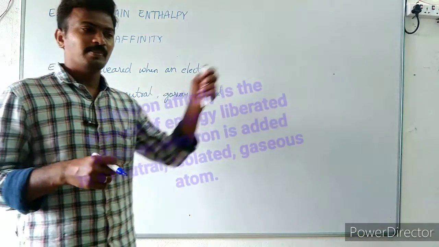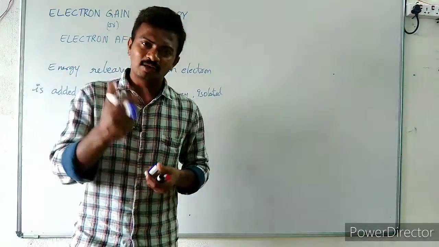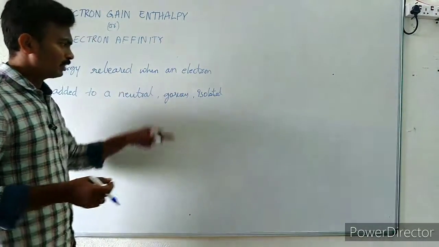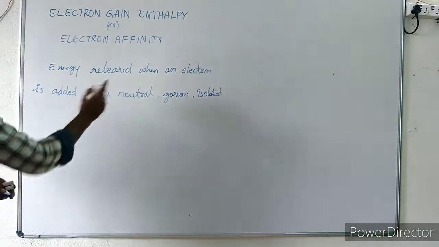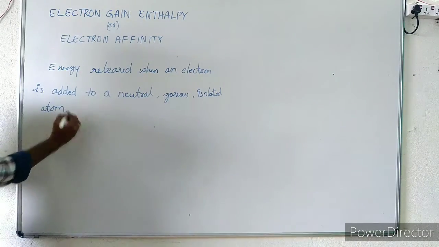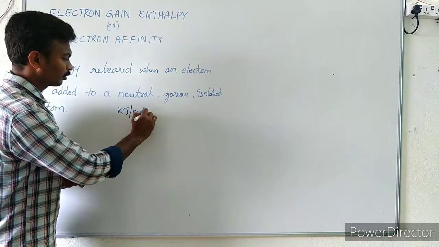So it may not attract the electron which is being added, or we may get different values when we add an electron to an already bonded atom. Therefore, we only consider the isolated neutral gaseous atom, and we measure the amount of energy liberated in kilojoule per mole.